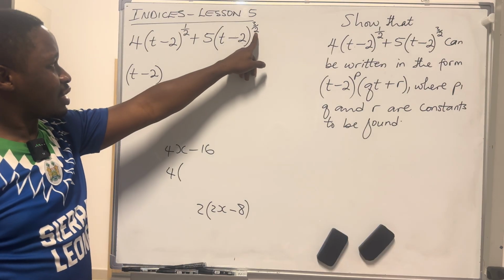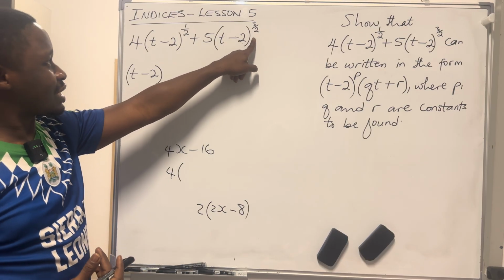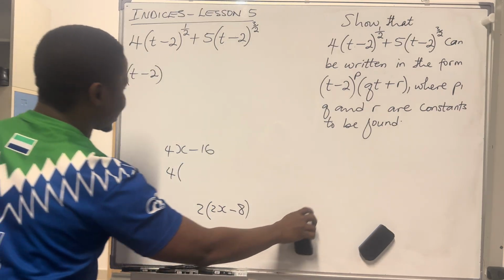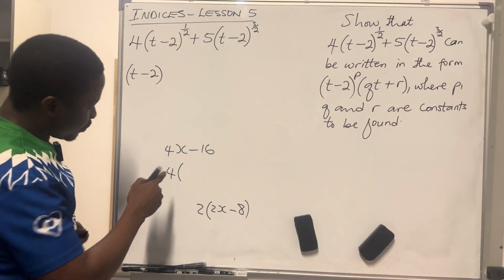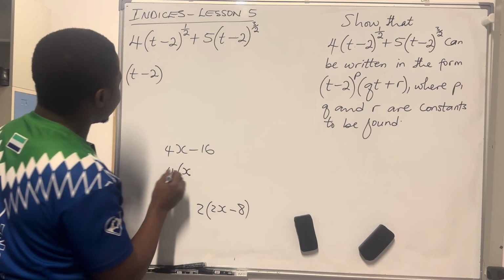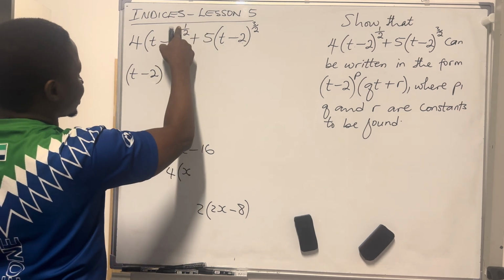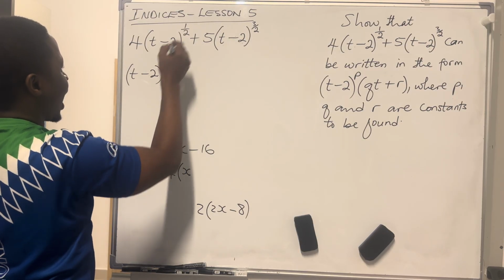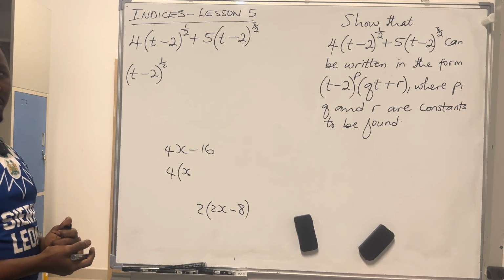So this one is bigger. So it means this can divide this one. So in that case, 4 into 4x, this takes away this leaving x. So here, since this one is smaller than this one, the T minus 2 with the half is the one that is common.